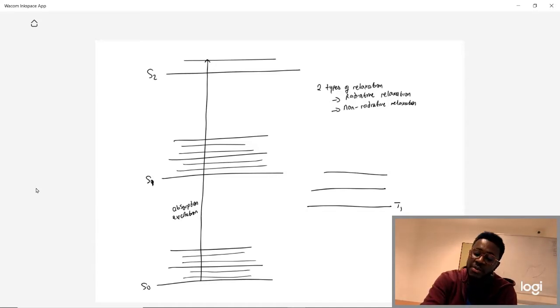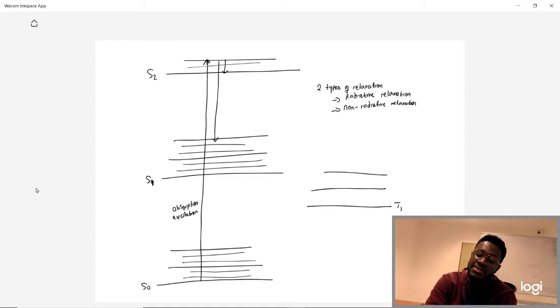From this point here, we are going to have some kind of relaxation. It can be small here. When you are at this point, you have to relax to this level, maximum here. You cannot relax from here straight to here. Why?